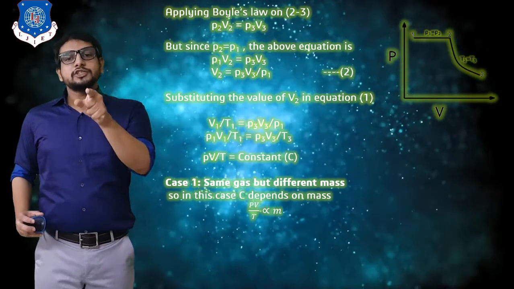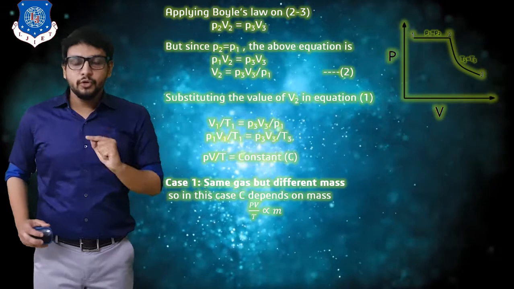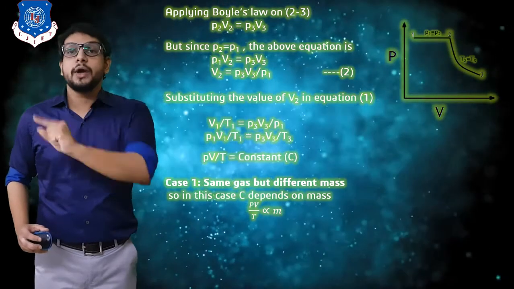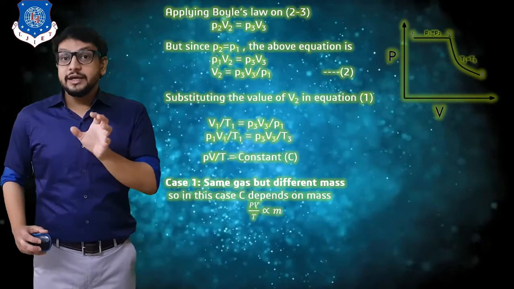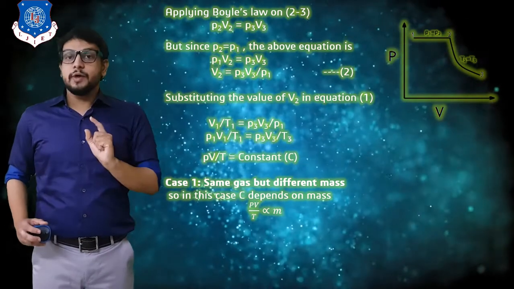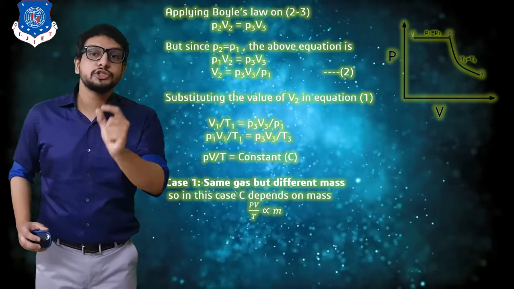Now, I have mentioned this equation PV by T proportional to M. I have not written equal to M, because equal to M would mean C is equal to M, which is not the case. The case is C depends on M. Whenever something depends on something, we need to represent it by proportionality.